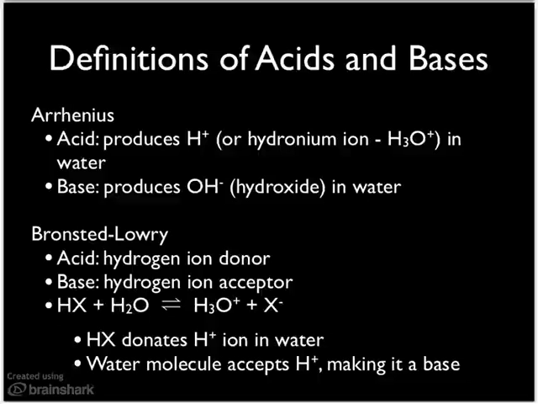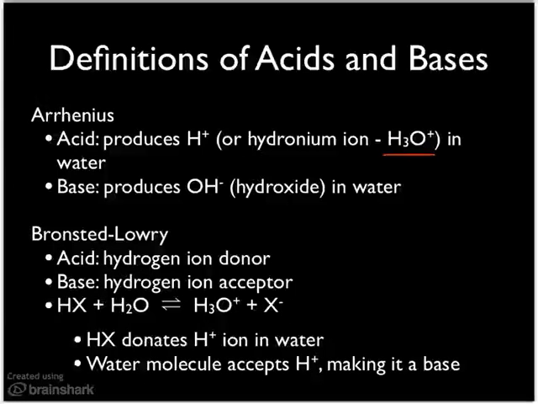So let's go over a couple of definitions. One definition is the Arrhenius definition for an acid and base, which might be the one that you're most familiar with. It says that if you put an acid in water, it will produce an H+, or another way of representing it is H3O+, which is known as the hydronium ion, and I'll show you how that forms when an acid hits water.